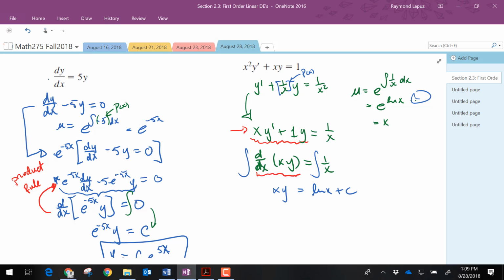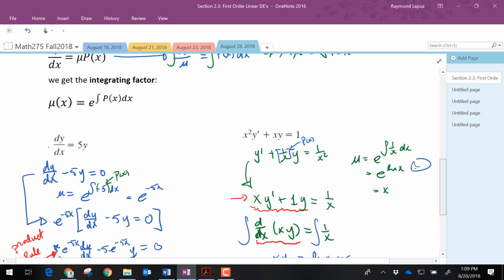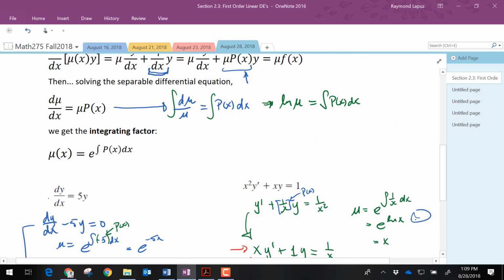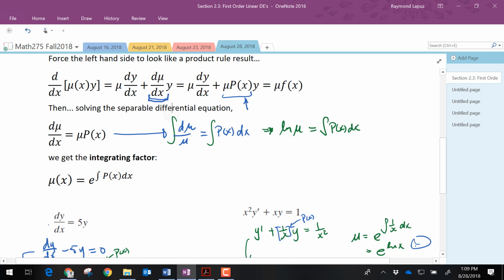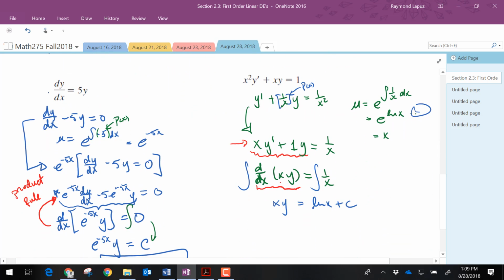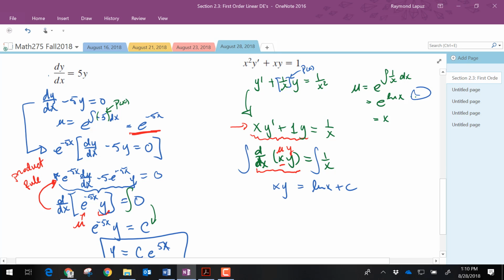There's actually a trick to it, because according to the way we found the integrating factor, the product that we're looking for is mu times y. So it's always going to be mu. When we find mu up here, we know that's going to be the first factor in your product. And then the second factor in your product is always going to be y.